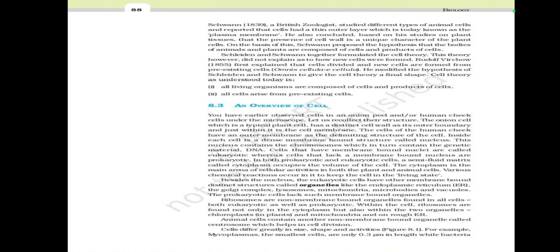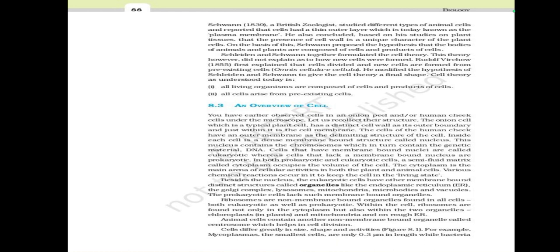He also concluded, based on his studies on plant tissues, that the presence of cell wall is a unique character of the plant cells. On the basis of this, Schwann proposed the hypothesis that the bodies of animals and plants are composed of cells and products of cells. Schleiden and Schwann together formulated the cell theory.